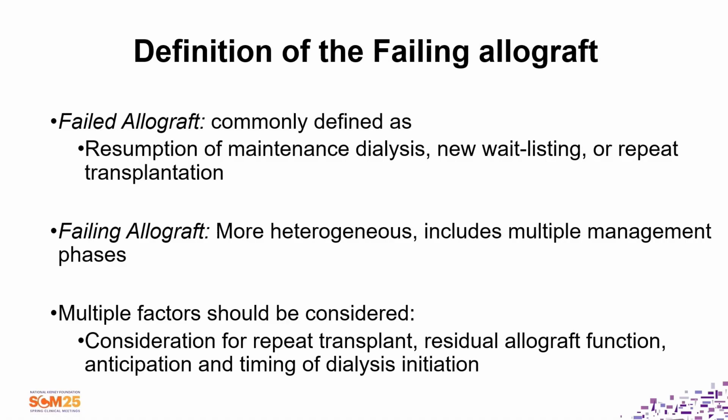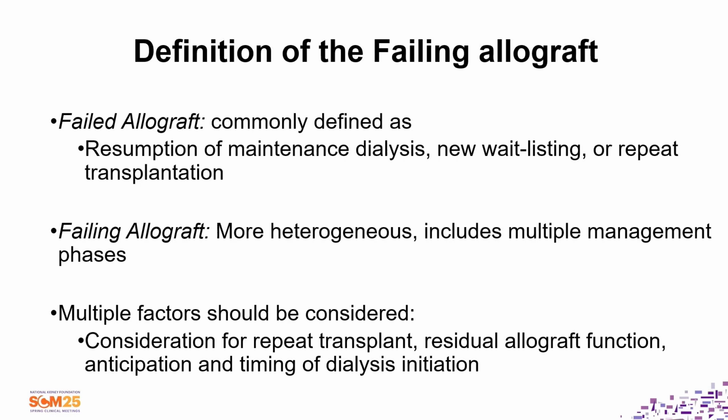But we didn't feel like this adequately encompassed all the things that are really happening during this time period, because being on dialysis is very different than having a GFR of 19, which you may have for a year, and what you're doing with your immunosuppression in that setting is very different than once you're back on dialysis, and it's very different as your GFR declines and you get a repeat transplant.